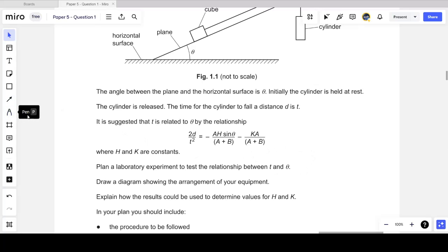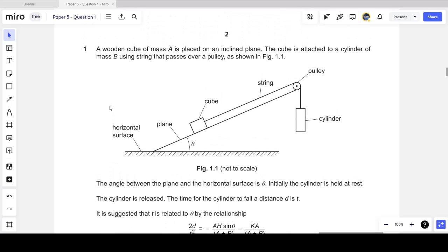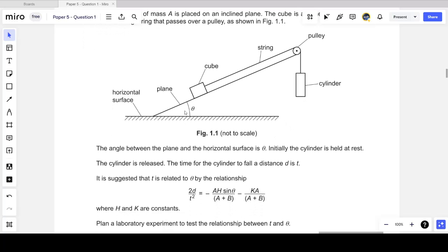So what am I basically doing here? Well, if I look at this scenario, I need to set up an experiment. Remember, for question 1, think of it as you are writing a guide for someone who is going to walk into the lab and carry out this experiment, and they need at the end of the experiment to prove whether this mathematical relationship is true or not.